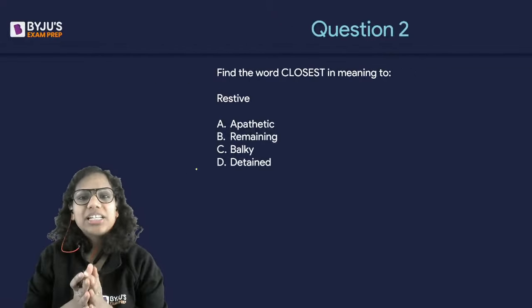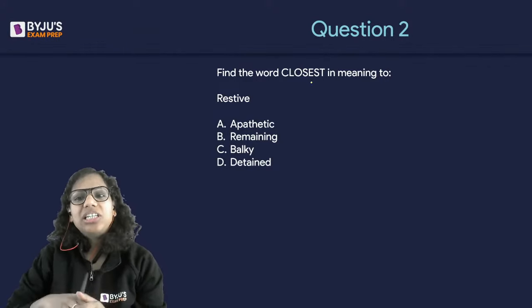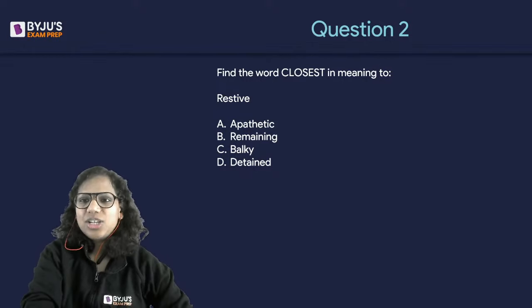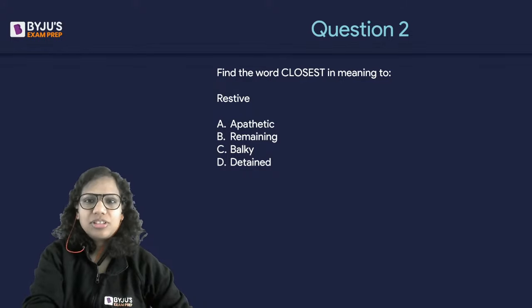Okay, so let's have a look at this question now. Now we have direct synonym antonym questions. Find the word that is closest in meaning to restive. Let's see what you say. We'll be quick in these questions because these are 20-30 second questions, not more than that.